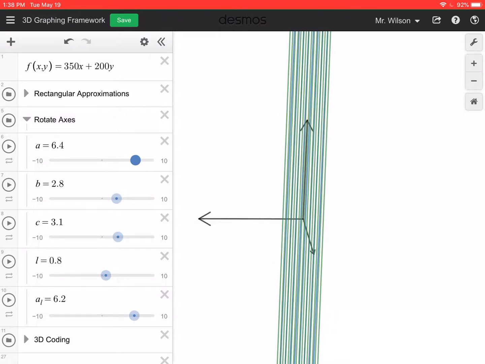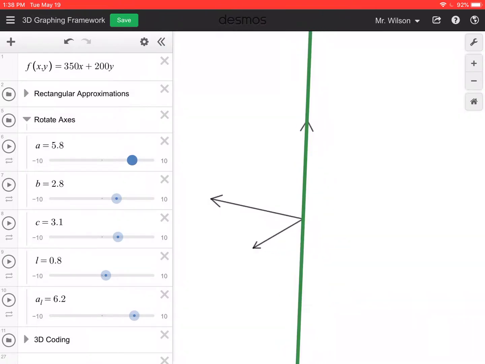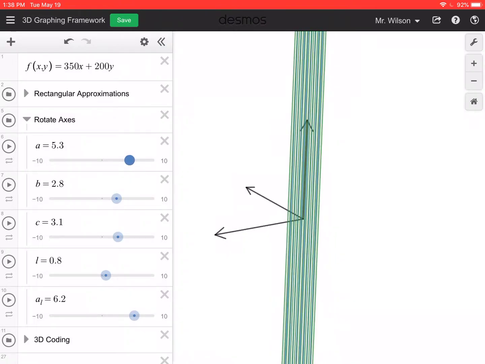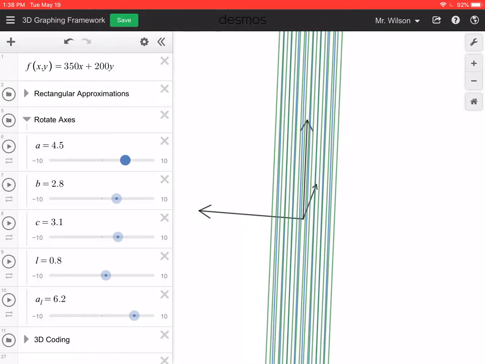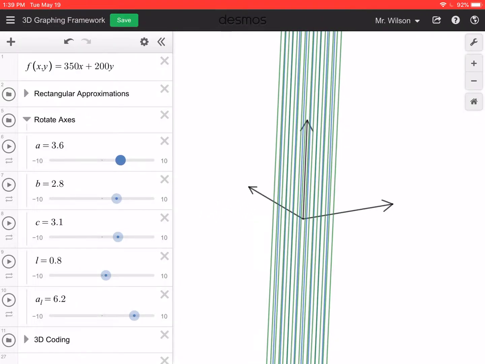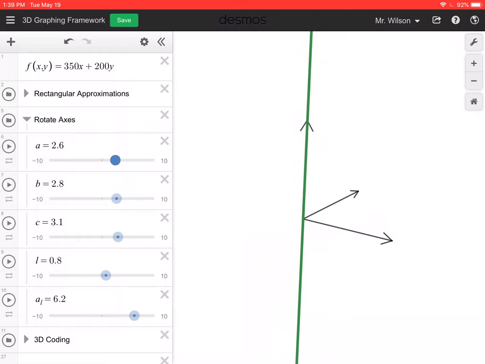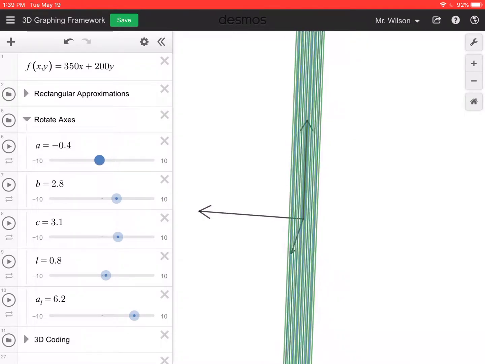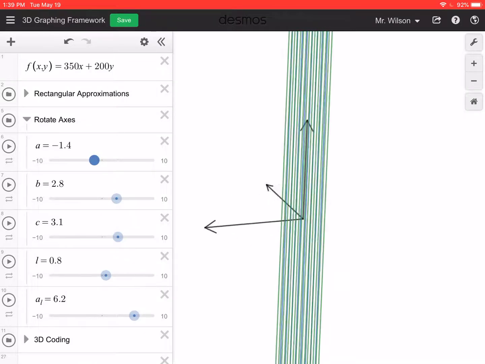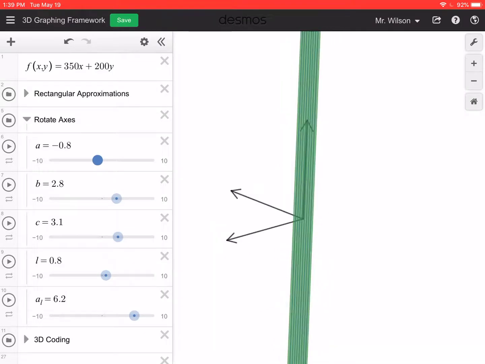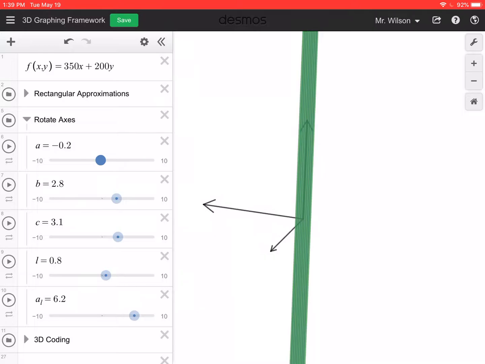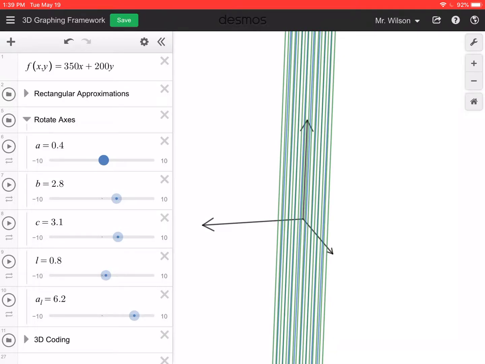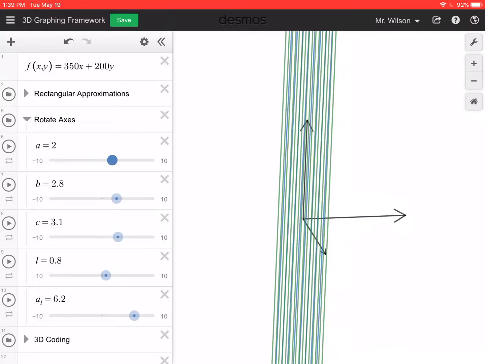So it's flat. Just picture holding up a flat surface like a piece of wood or a piece of paper, something long and flat, kind of cutting through the axes like that. That's the shape that we have here. It's giving us a plane, just a nice flat surface.